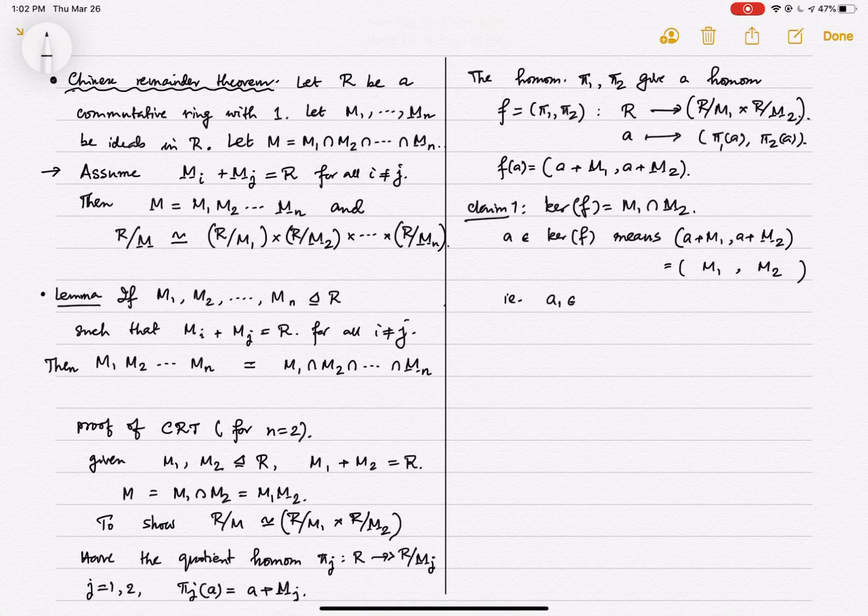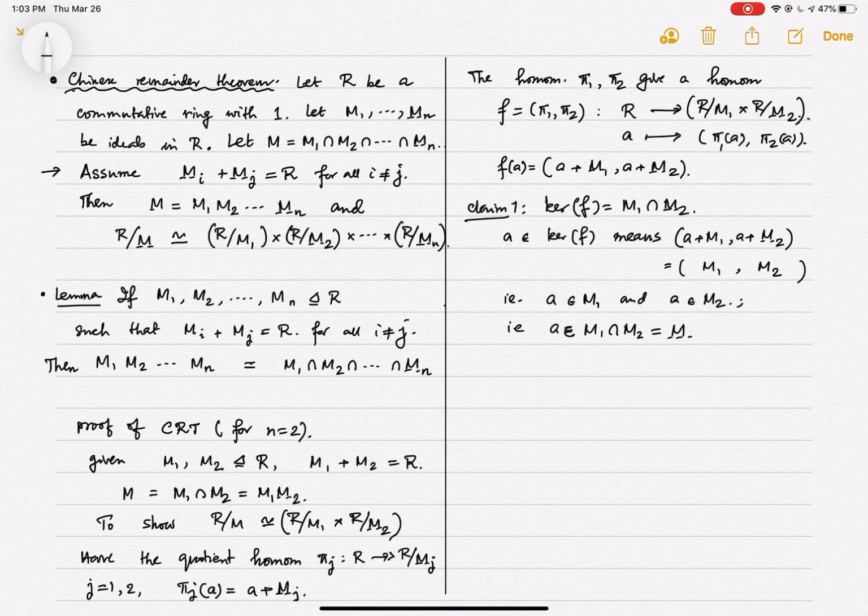if A is in M1 and A is in M2, i.e. A is in the intersection, which we call M, which is also the product, by the way.